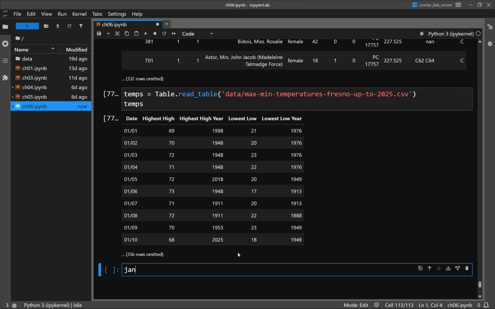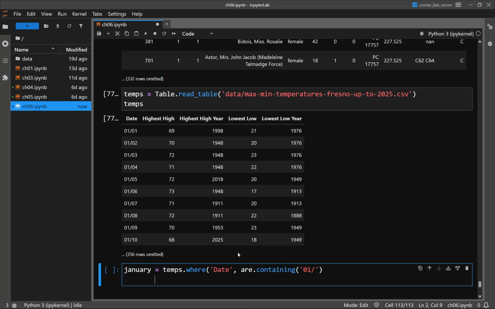So like January equals temps dot where the date value columns are containing 01 slash gives us January. So this is all the January dates.